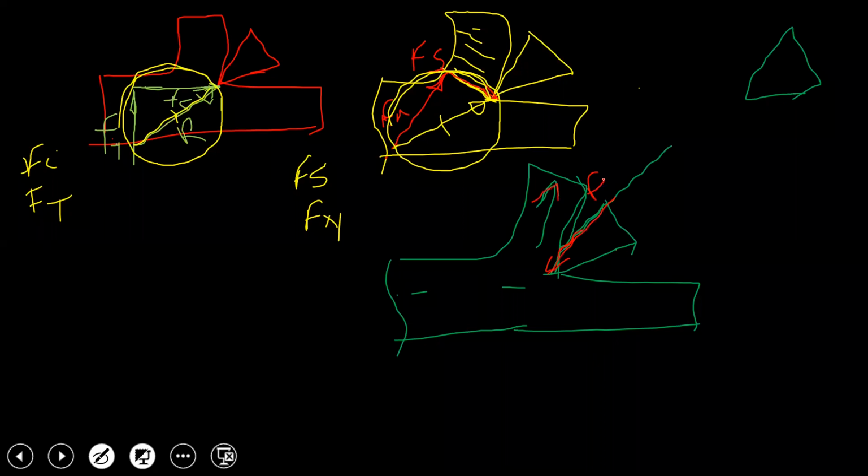Now similar to this normal component of shear force, I will draw one component over here that would be perpendicular to this frictional force, and let's call that the normal reaction of the frictional force. So similar to previous two cases, again I will mark the resultant of that F and N, and it will lie along this plane.